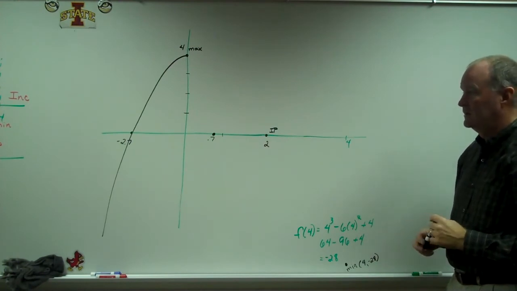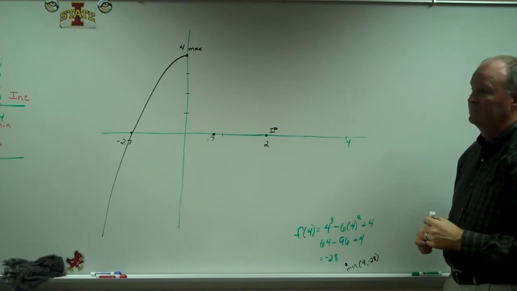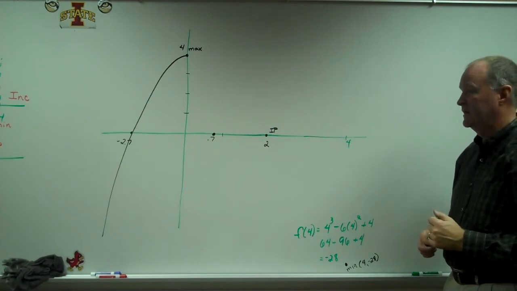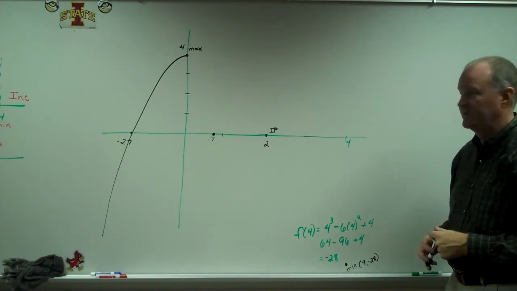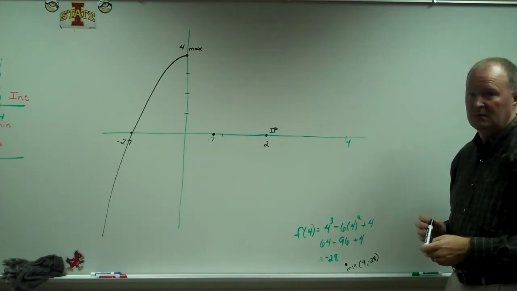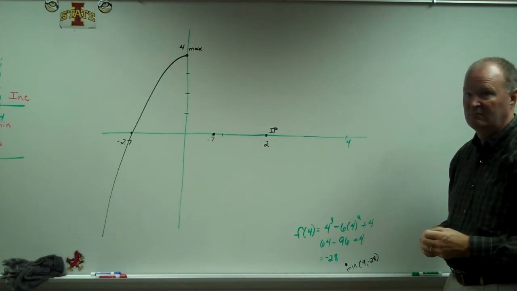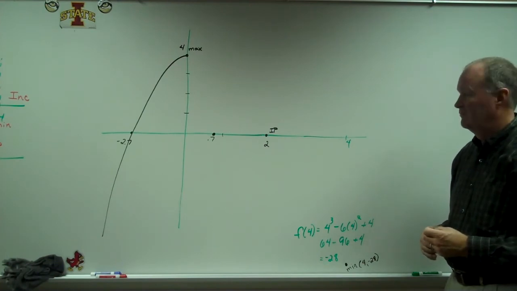Then I'm going to be decreasing and concave down until I get to 2. But I got to go through 0.7. Oh crap! I screwed that up.